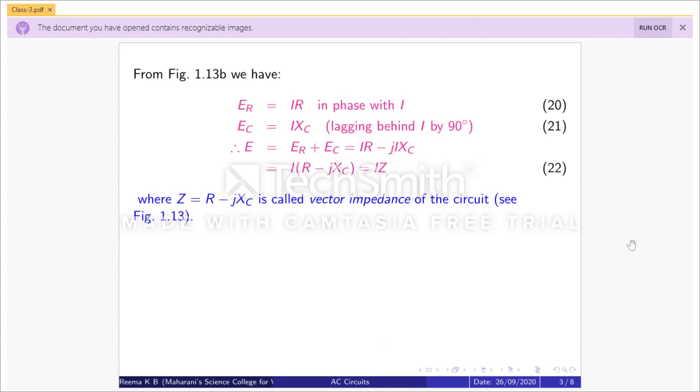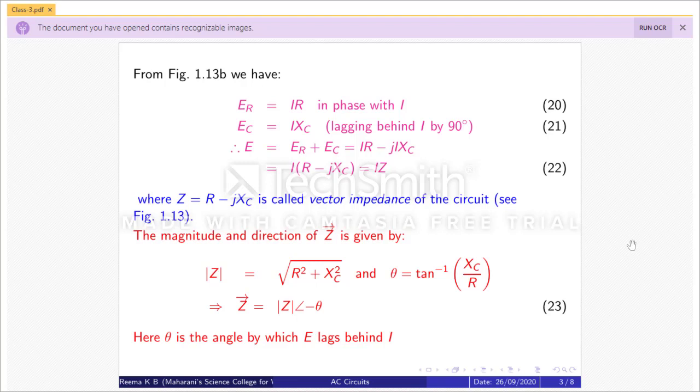Therefore, E is equal to ER plus EC, which is equal to I times R minus J into I times XC. Therefore, E is equal to I times Z, where Z is equal to R minus J into XC, called the vector impedance of the circuit.